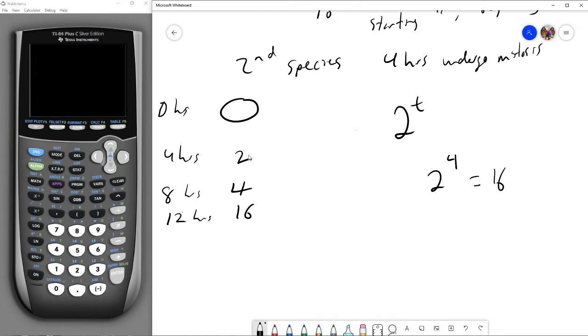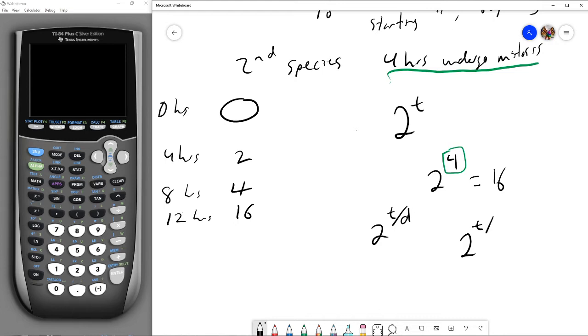So we need some way of reducing this time value. And what we're going to do is divide it by a value. So we said that it takes 4 hours to undergo mitosis. So if we modify our equation to be 2 to the t divided by this value, I'm going to call this value d. So in this case, d is going to be 4.